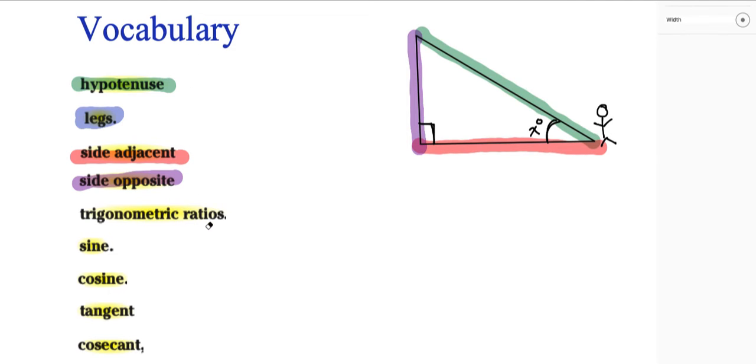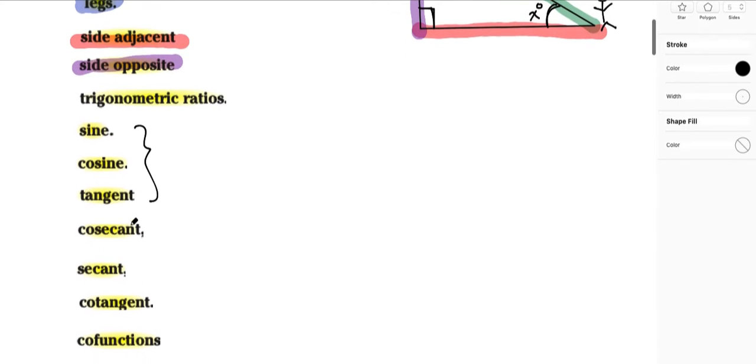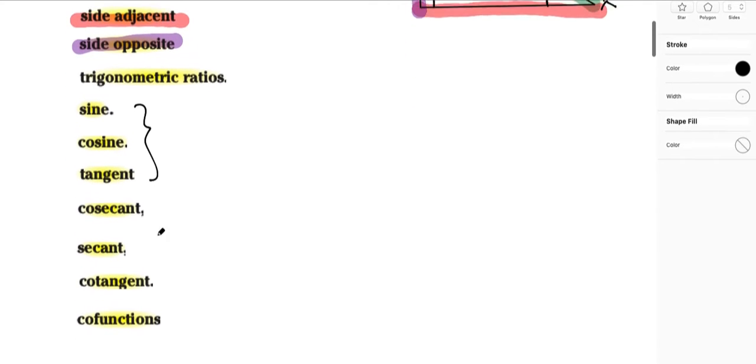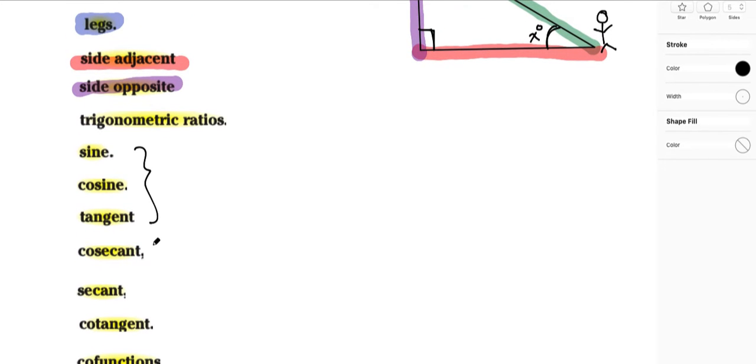So we got through the first four trigonometric ratios. You will remember that the ratios of these sides together are referred to as sine, cosine, and tangent. These are the three majors, and then cosecant, secant, and cotangent, which are important as well, but a little bit less explored.